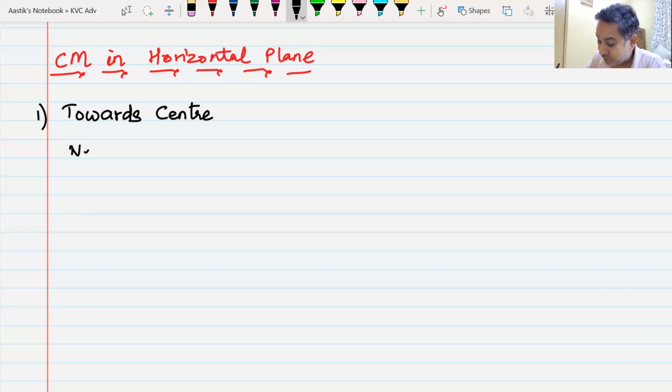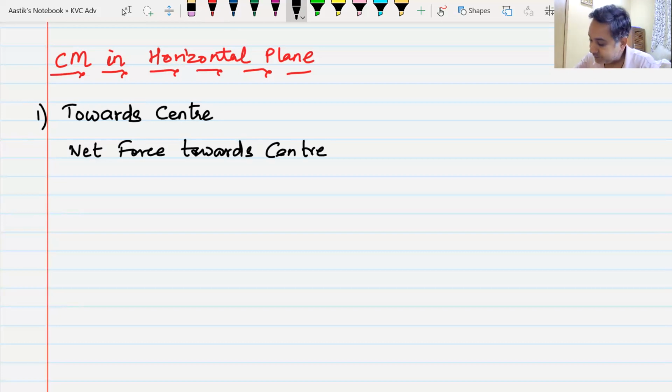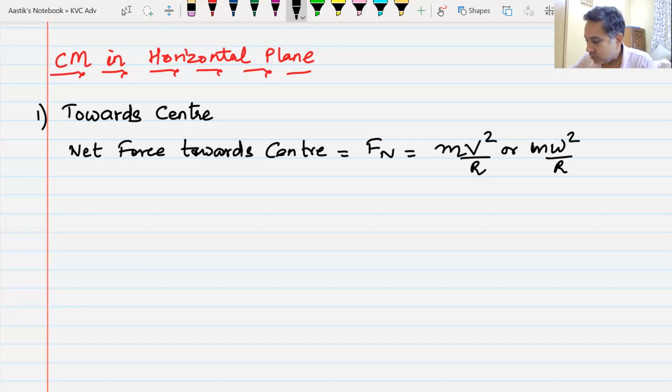You will find the net force towards the center. Remember, net force towards the center. That will become your F centripetal, and you will write it as m v square by r, or m omega square r, or m into a n. Do we understand this?